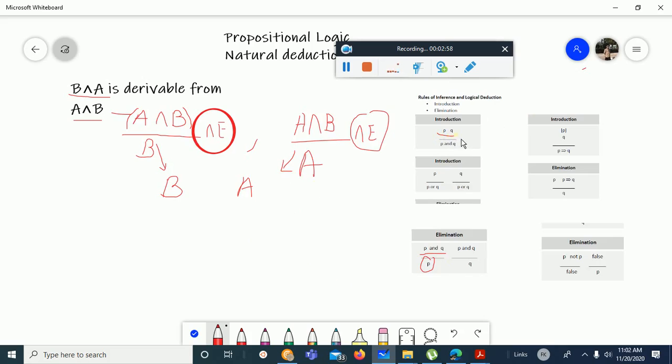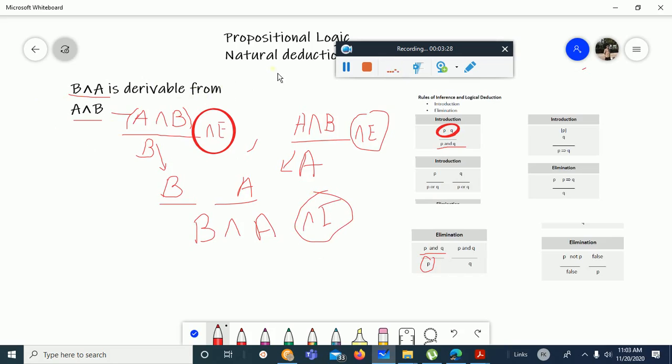If we have P, Q, we can deduce P and Q. So we have B and A, so we can get B and A, and this is an AND introduction rule. So we have to write this AND introduction rule.